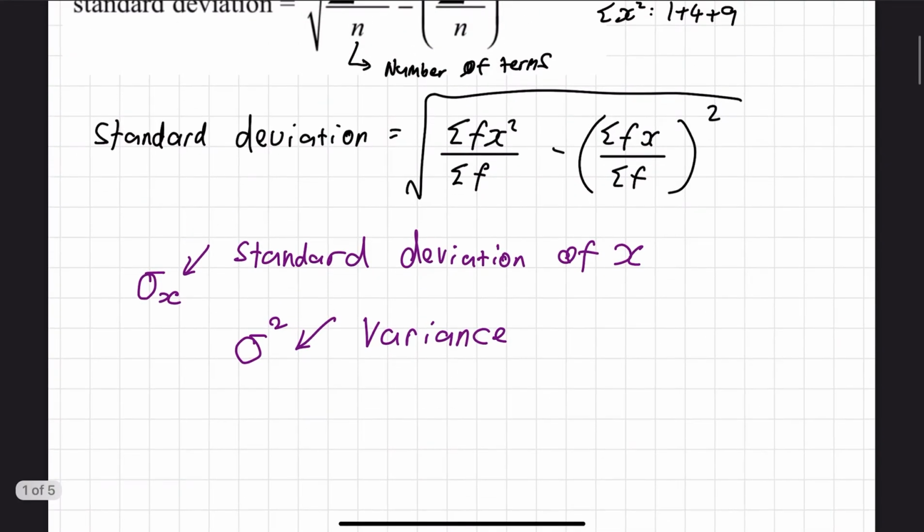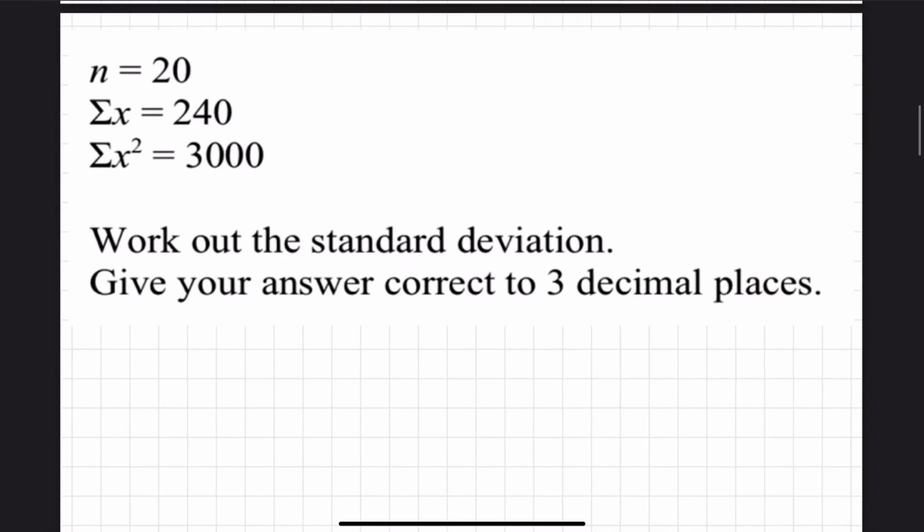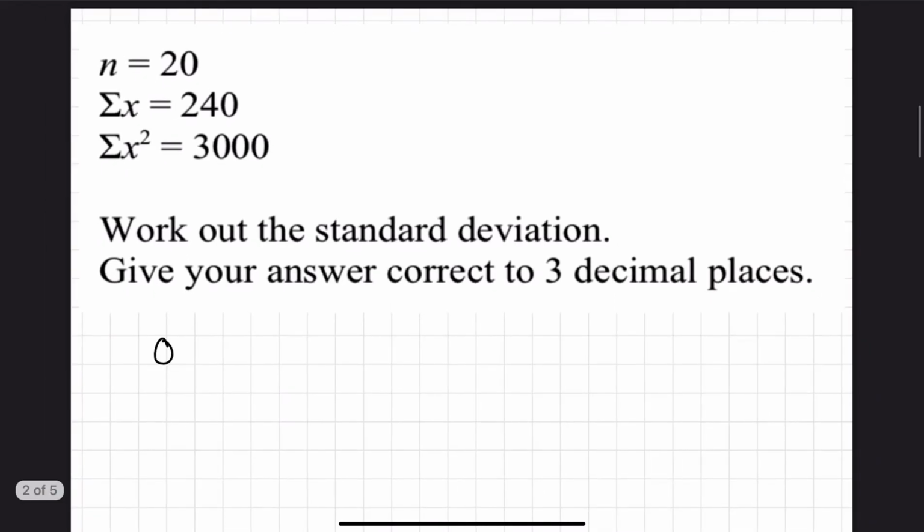Let's have a look at how we would use our standard deviations in some practice questions. So remember our formula for our standard deviation. Sigma x is the square root of the sum of x squared over n, minus the sum of x over n, squared.